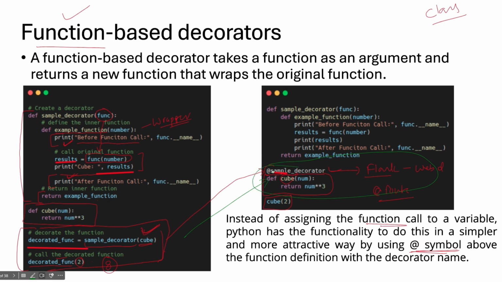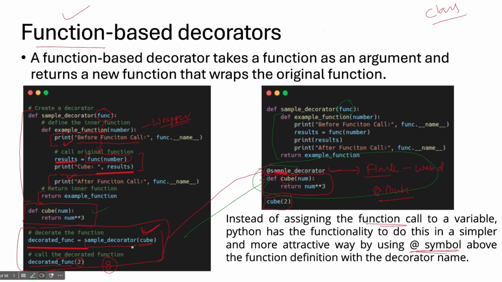I know it is difficult for someone seeing it for the first time. Let me simplify this. You have any function that you have created. For example, we have created this function. We want to add functionality before its execution and after its execution. So for that we create the decorator, and the decorator will have a function inside a function, and it will take a function as an argument.